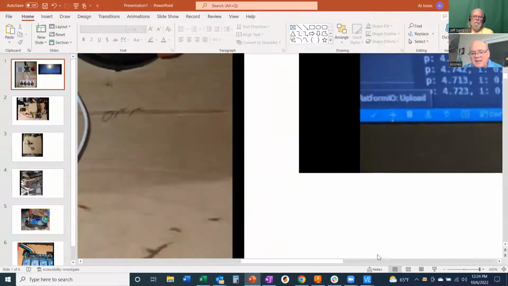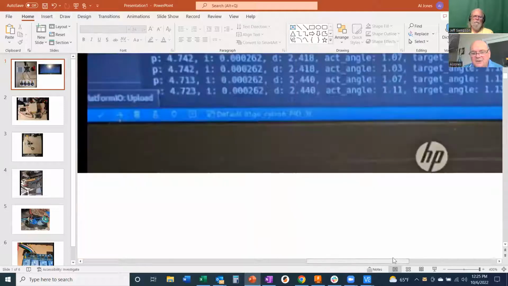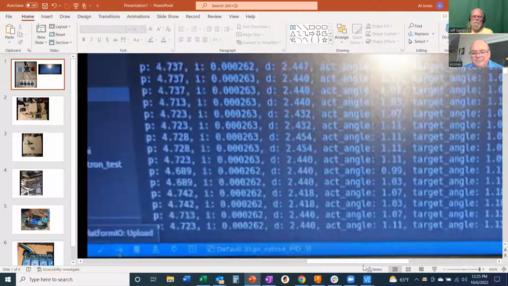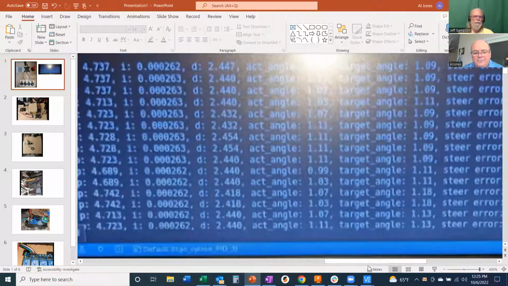And I ultimately got to a point where the steering was, these three more or less settings: 7.2, 2 thousandths or 2 ten-thousandths. I've forgotten which decimal point that is, and a D of 2.4.